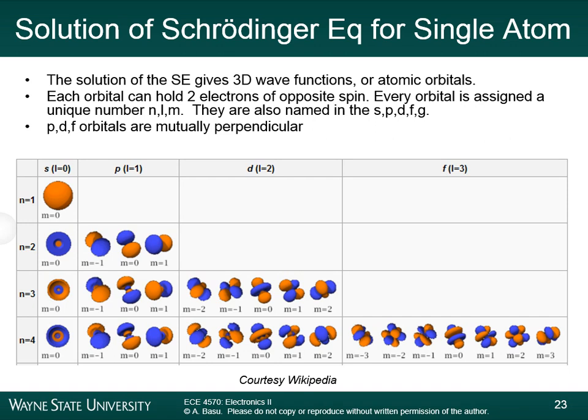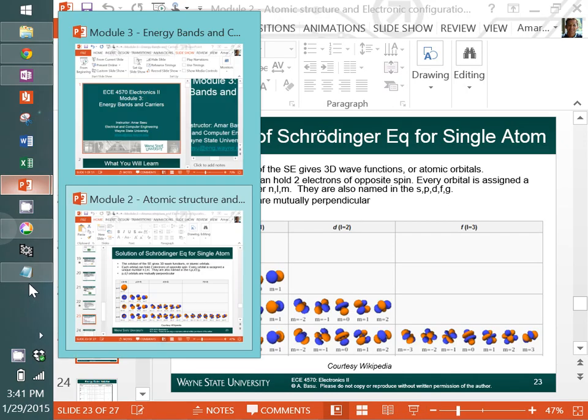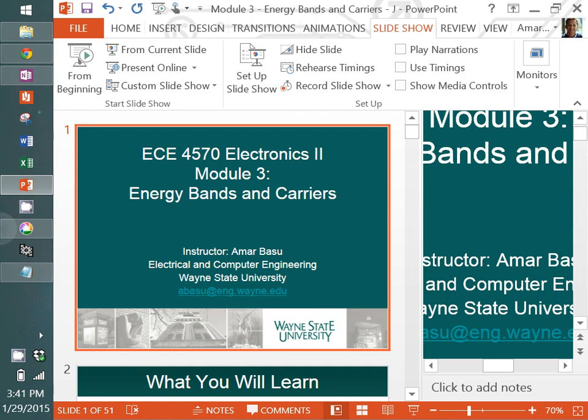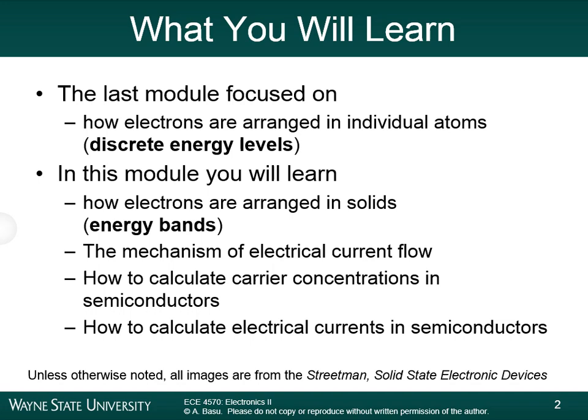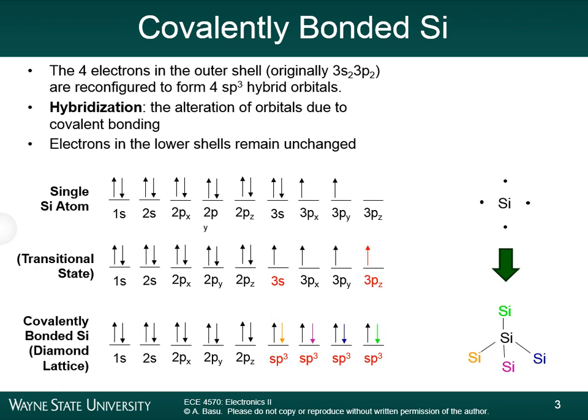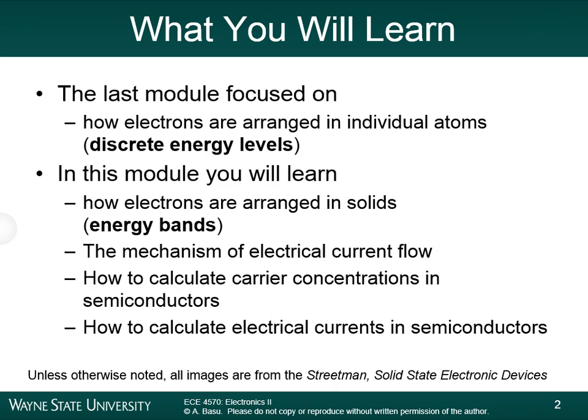But as we find now, a silicon lattice doesn't just consist of one silicon atom, it consists of an entire lattice of them. And those silicon atoms are connected to each other. There's a very well-defined spacing between the atoms in the lattice.